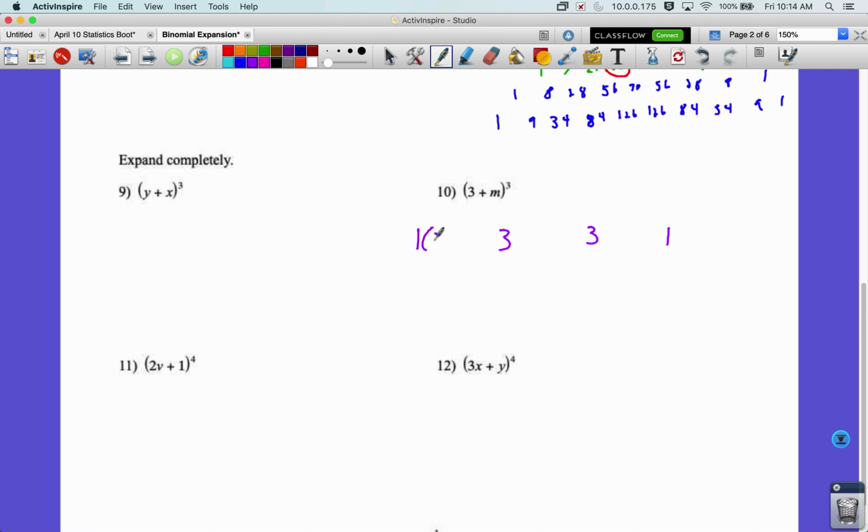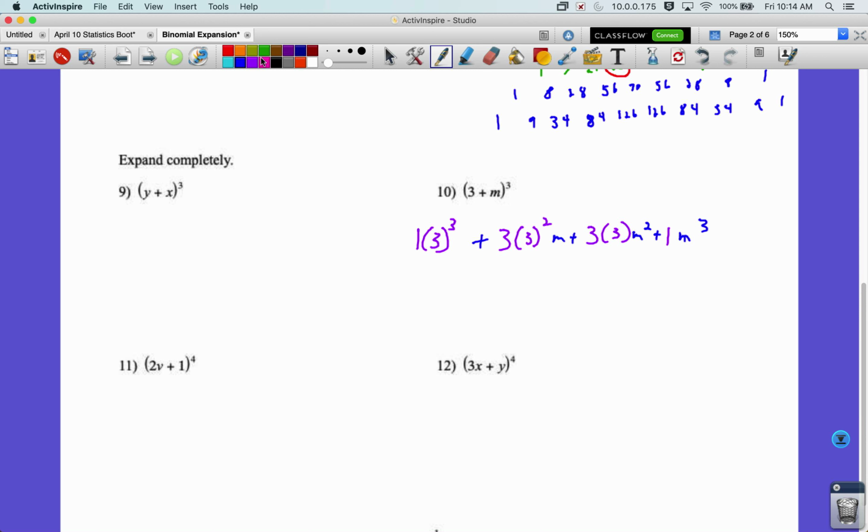And then I do 3, our a term, to the third, 3 squared, 3, no 3's, and then I count up with the m's. So no m's, m, m squared, m cubed. And on the ends, we should always see that exponent again. So this is 3 to the third, this is m to the third.